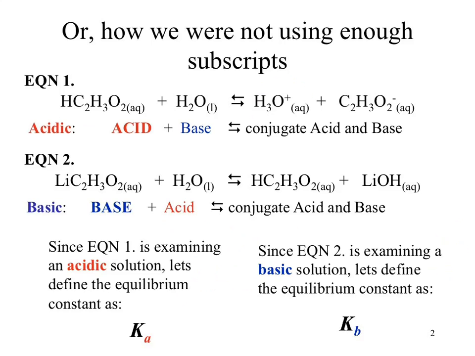When we're generating an acidic solution, if we see H3O plus on the product side, we have an acidic solution. If we see OH minus show up on the product side, we have a basic solution.